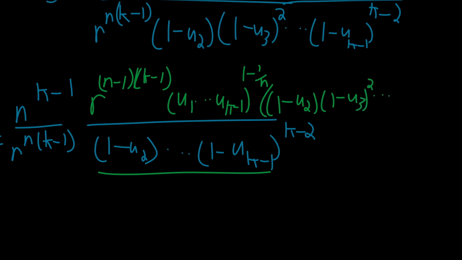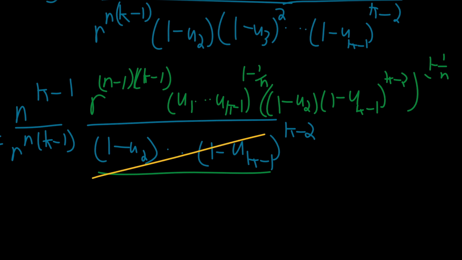Or actually, I will just write this as it's written in the denominator. That just makes more sense, emphasizing that they're the same. And all this is raised to the 1 minus 1 over n power. And you'll see here that we have this on top, the 1, and we have that on the bottom, meaning that that cancels with the 1 right there. So it's all raised just to the negative 1 over n power.